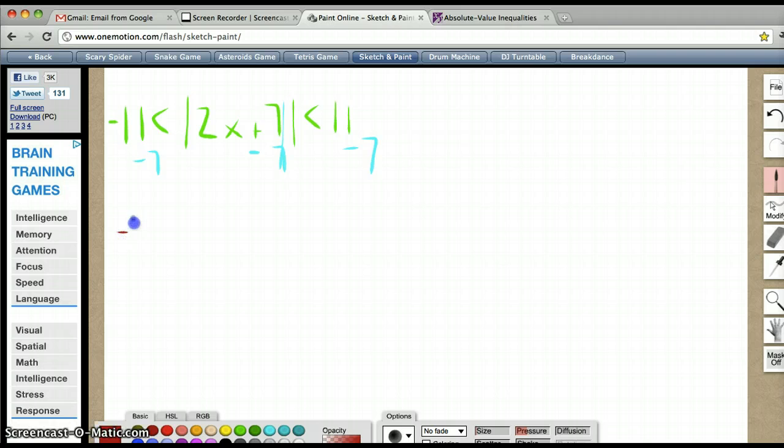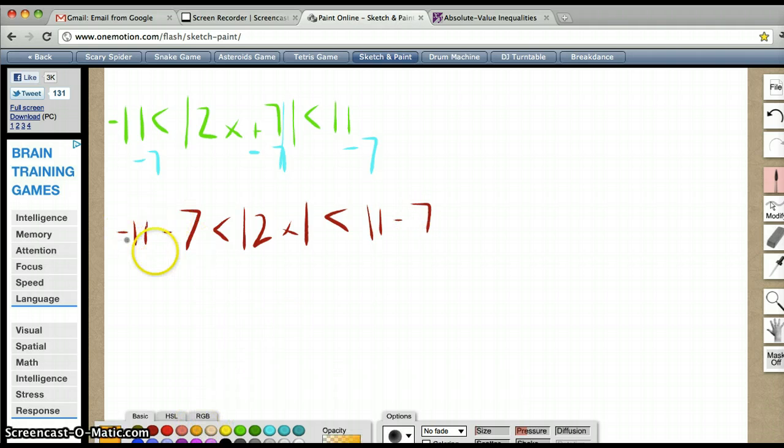Okay, so let's rewrite that. A negative 11 minus 7 is less than 2x, which is less than 11 minus 7. Okay? Now we're going to solve on both sides here, so we're going to clean this up a bit.